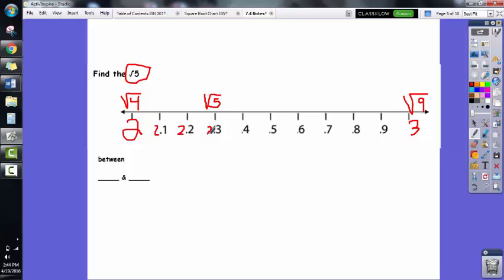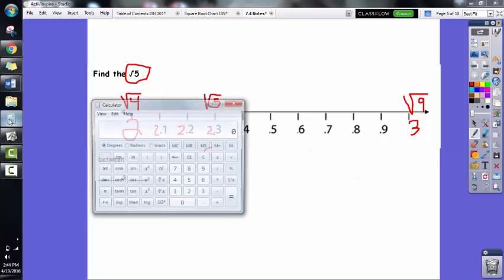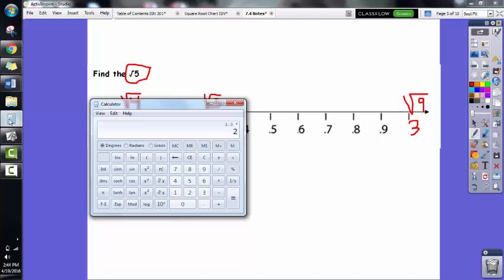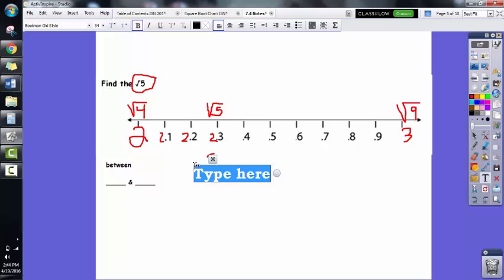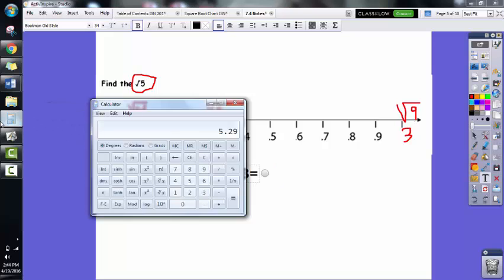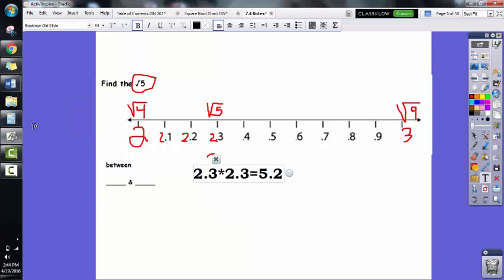So I'm going to try and see if 2.3 times 2.3 is close. 2.3 times 2.3 is 5.29. I got pretty close. And I'm going to record my work. 2.3 times 2.3 is 5.29. So that's a little bit too high.